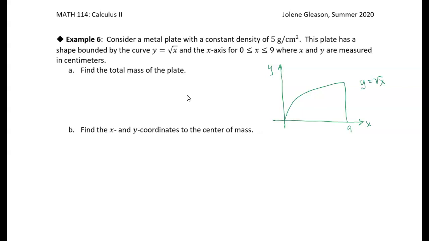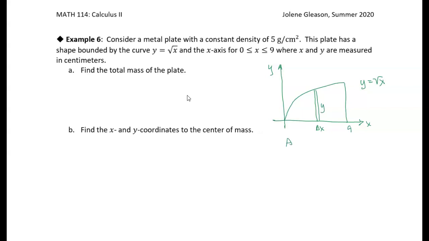And so the first thing we're asked to do is find the total mass of the plate, which is something that we can do. Let's just look at some slices, right? Now the density is constant, so in this case it really doesn't matter how we slice it, but it's always easy to integrate in the x direction. So if we slice it vertically, then the area of each slice is essentially delta x times y, where y is equal to the square root of x.